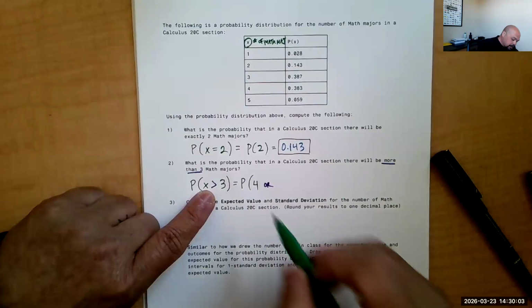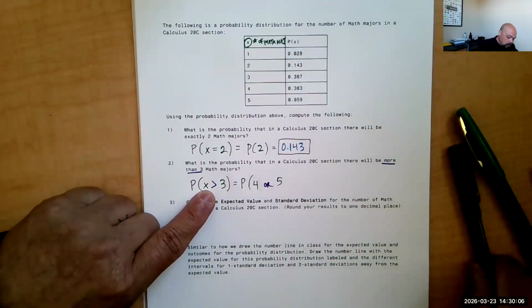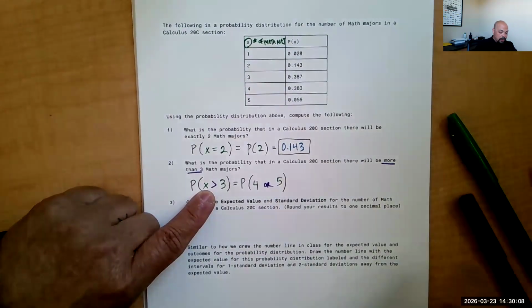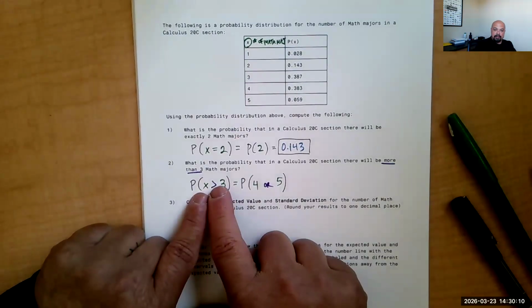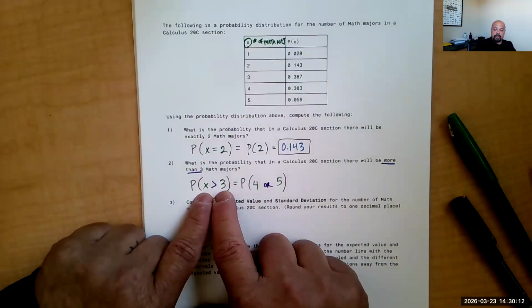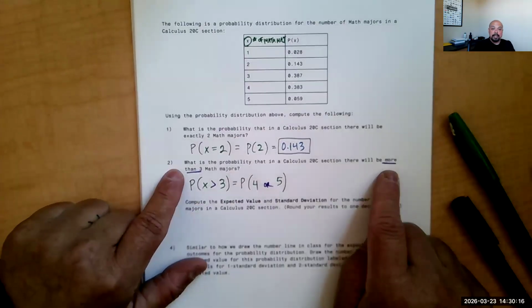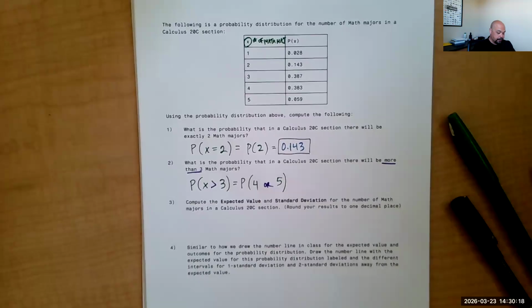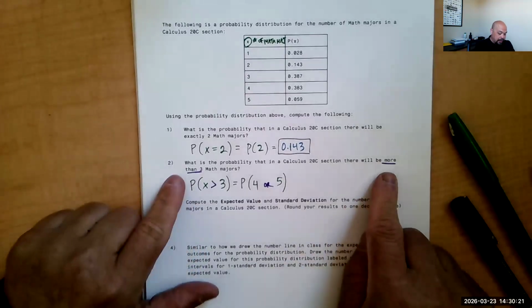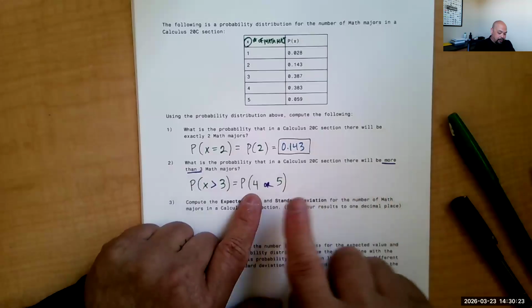Now we want to keep track of some of that wording: at least or more, whether we need to include that 3 or not, whether that's a greater than or equal to, or in this case a strict inequality, strictly greater than. That wording is going to become important. So in this case, definitely more than 3, I'm only looking at 4 or 5.